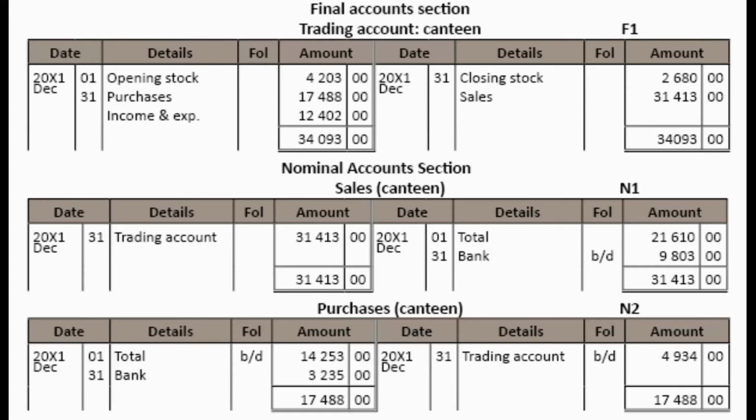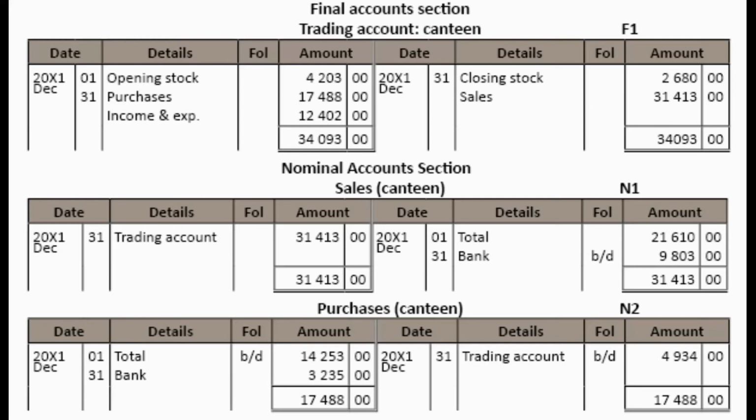Okay. And then the purchases. If you look at your purchases account that you have opened, you'll see there was a total that you got from your pre-adjustment or from your prior balance. There was also an amount that you posted from your cash book for purchases. The same was with the sales.